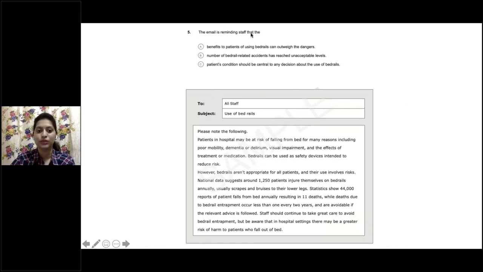And this is your question. So what you do is you read the question, the email is reminding staff that, now you skim this, find an answer, and then scan it. Would anyone like to participate and try to enter the answer in the question box?